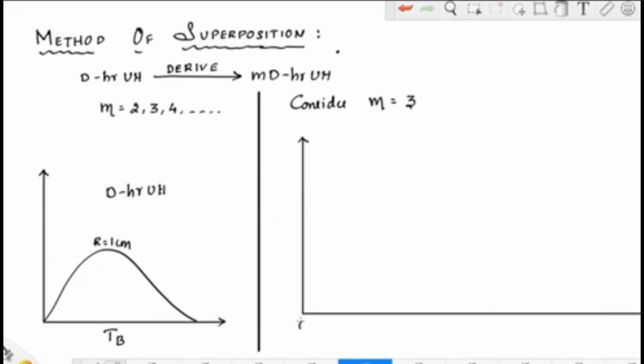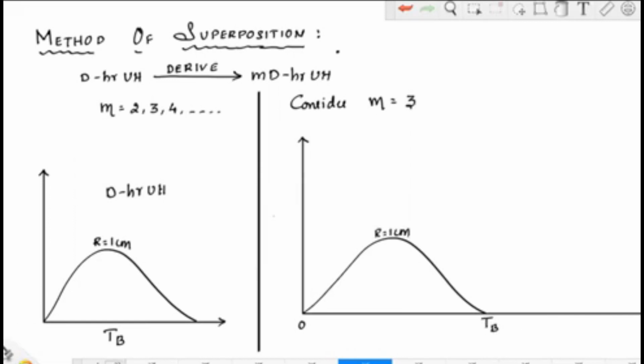The first one should always start from 0. Copy this graph and paste. First time I have drawn 0 to TB, with R equal to 1 centimeter.